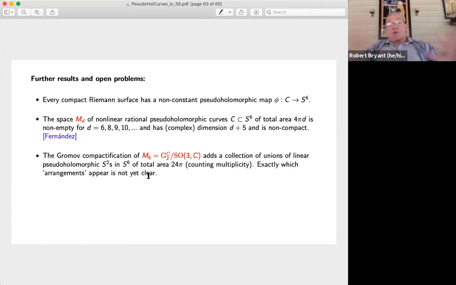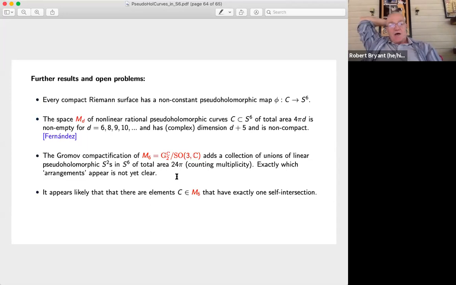So the locus that you add when you compactify has to be some family of arrangements of two-spheres, counted with multiplicity, with total multiplicity 6.